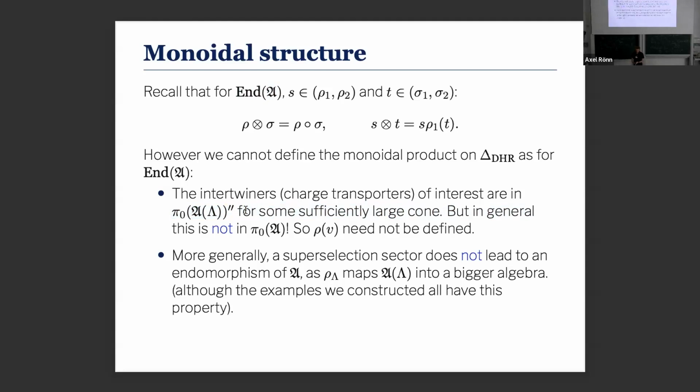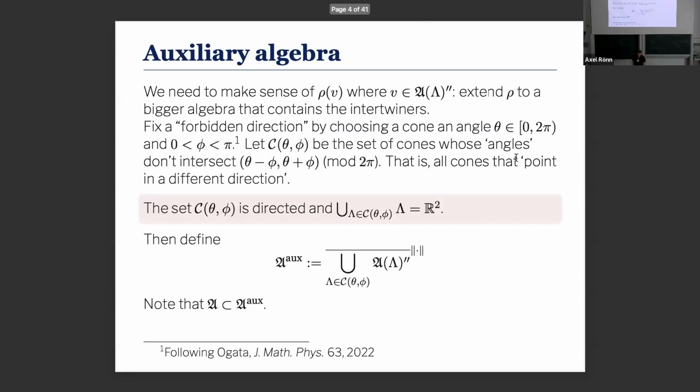So the main idea is that we need to extend our maps to a slightly bigger algebra that, first of all, contains the image of all these representations, and second of all, should contain these intertwiners. That's the first step I'm going to do.